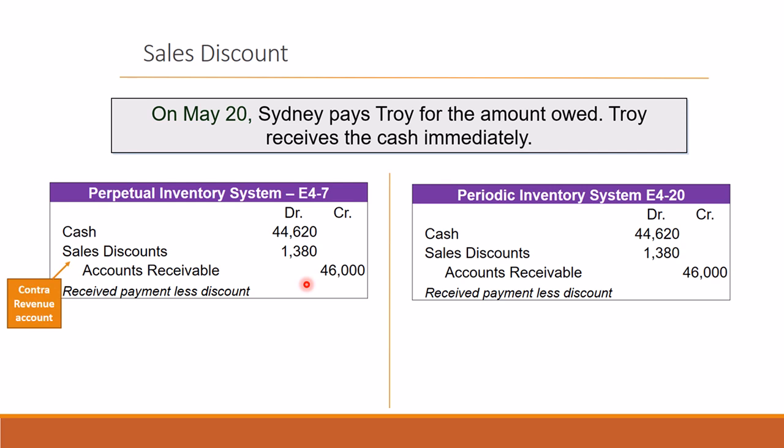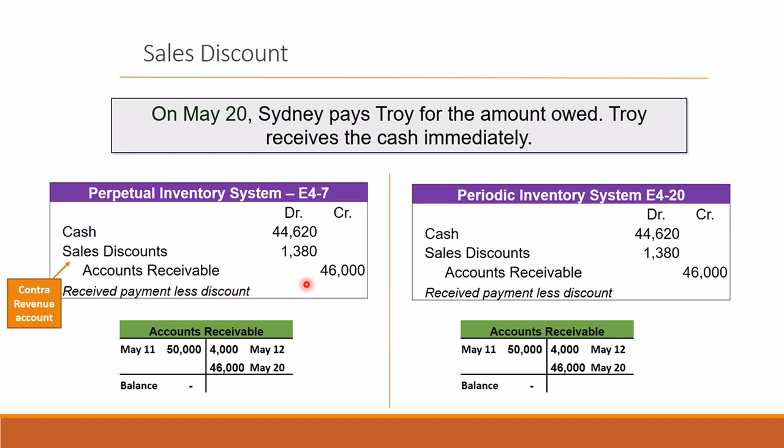Like sales returns and allowances, sales discounts is another contra revenue account. So it's related to sales, but has the opposite normal balance. It has a normal debit balance, and it's ultimately subtracted from sales on the income statement to arrive at net sales. So let's take a look. After these entries are posted, the balance in accounts receivable is 0, indicating everything's been paid in full as far as Troy is concerned.